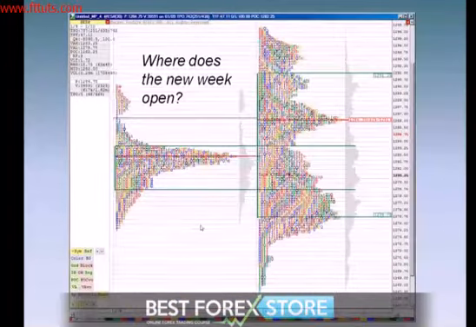All right. So now the key question that we're going to have to focus our attention on here is, where does the new week open now that we have all this valuable information? So you see, a lot of work has to be done on the front end before we even begin to take a trade. We prepare ourselves to take a look at the overall market and see where things are, and then based on the open and how the open behaves, we can begin to decide what kind of position and what kind of trade we're going to take.